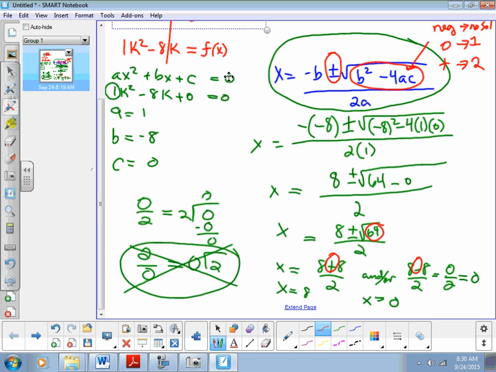And 1 is 1 times 1. So those 2 numbers are kind of special numbers, 0 and 1. Very special numbers. Okay. So you guys see here what I put over here on the top right-hand corner? There's 3 possibilities that can happen. It can either never touch the x-axis, it can touch it once, or it can touch it twice.